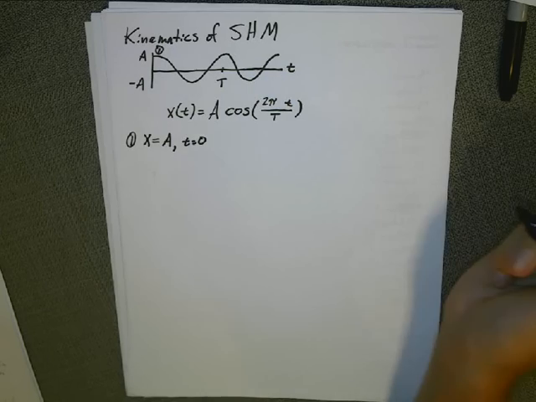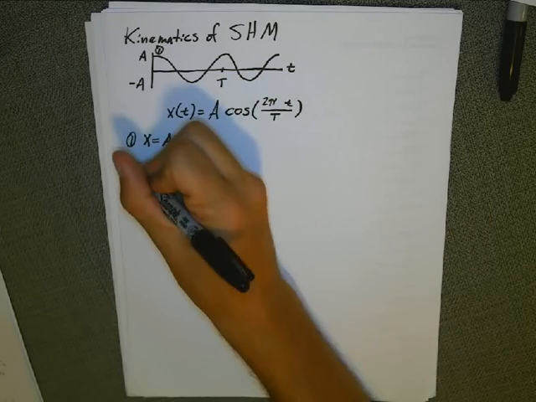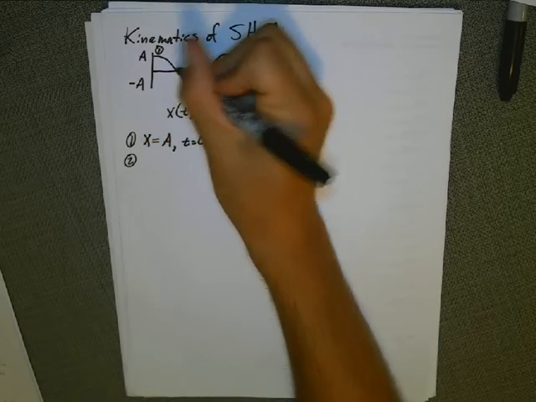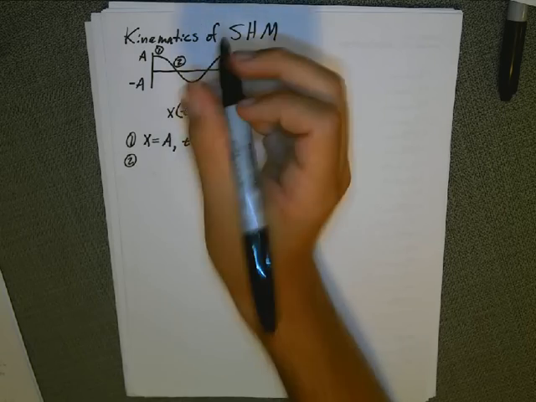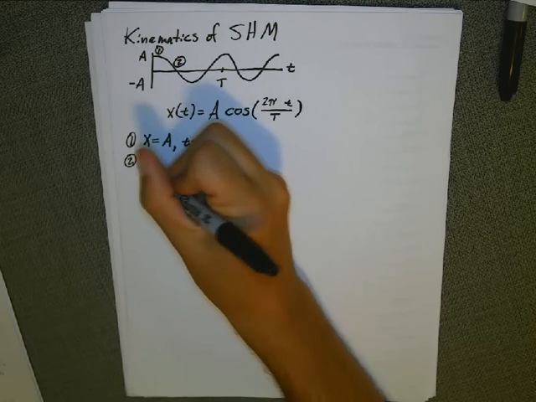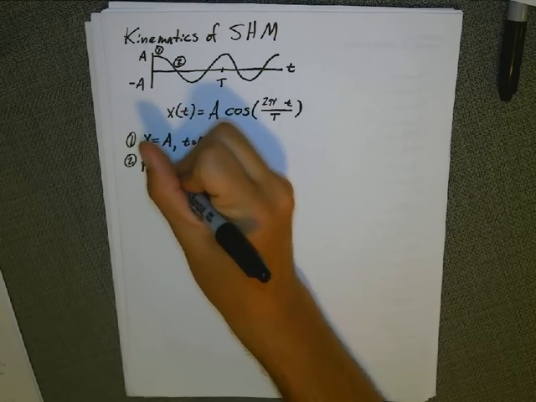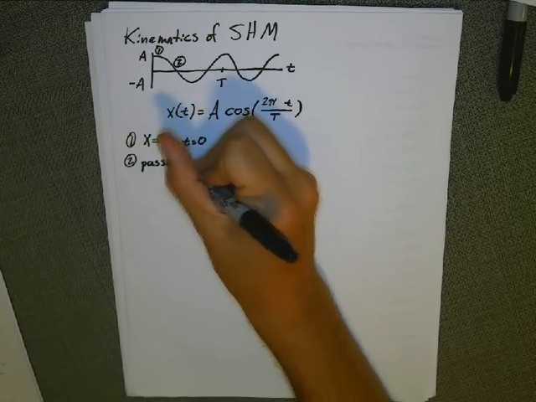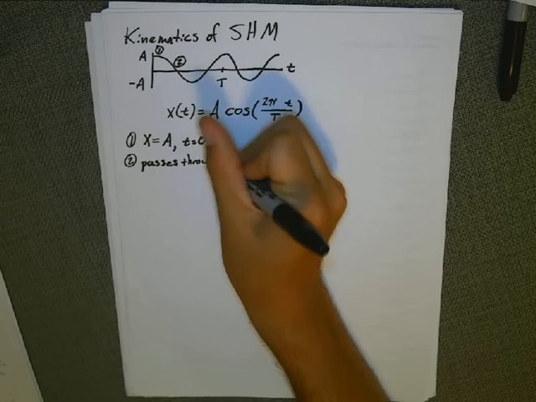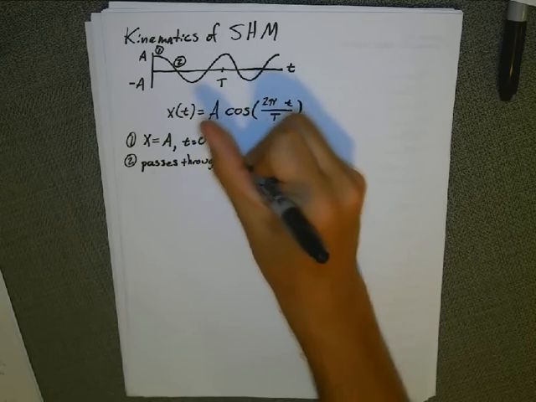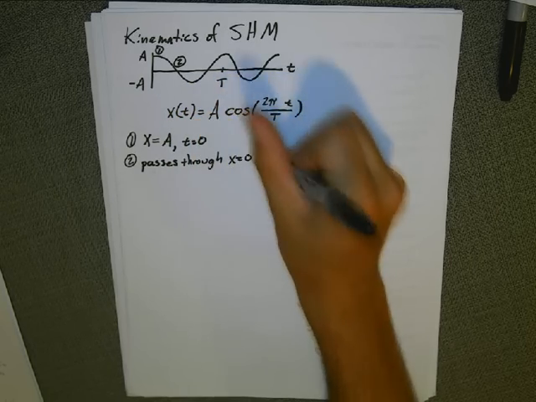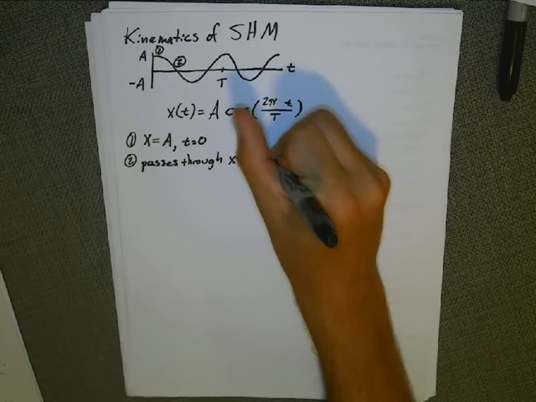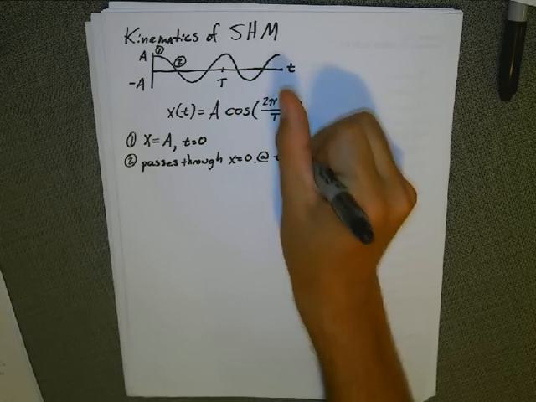Just pause it after I'm done to work that out. At point 2, the pendulum passes through x equals 0 at t equals 1/4 the period.